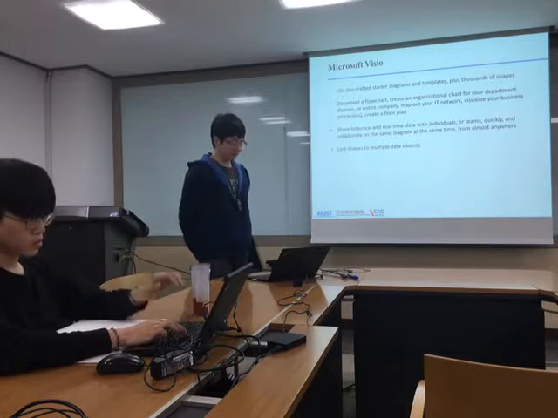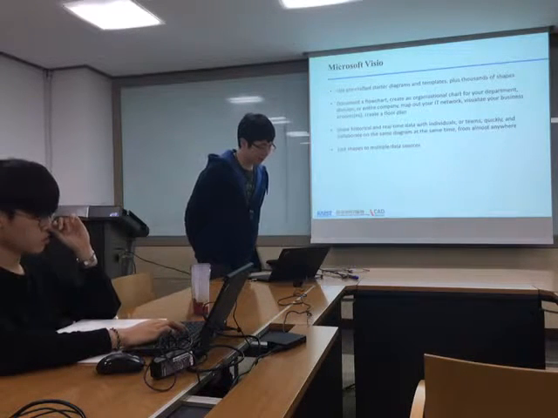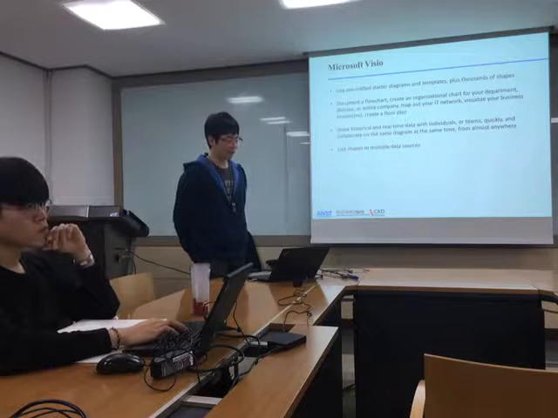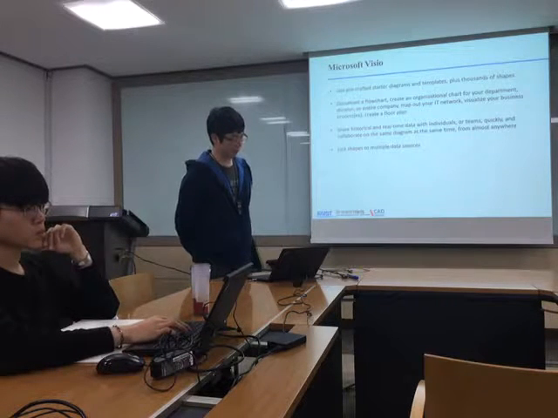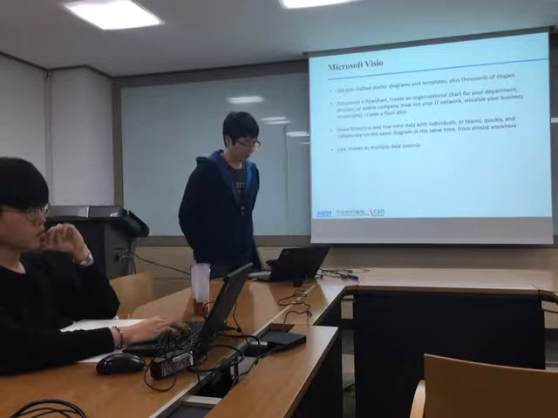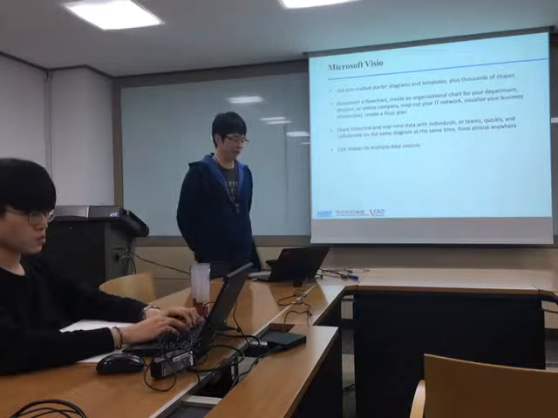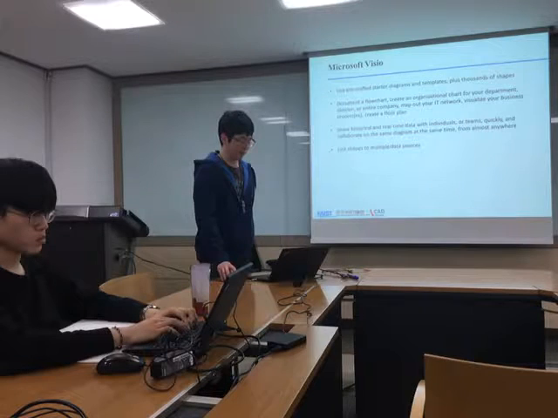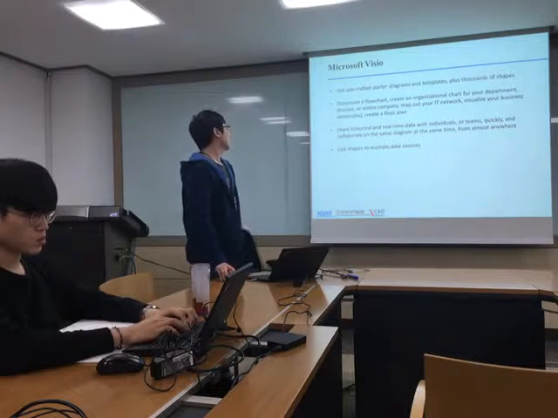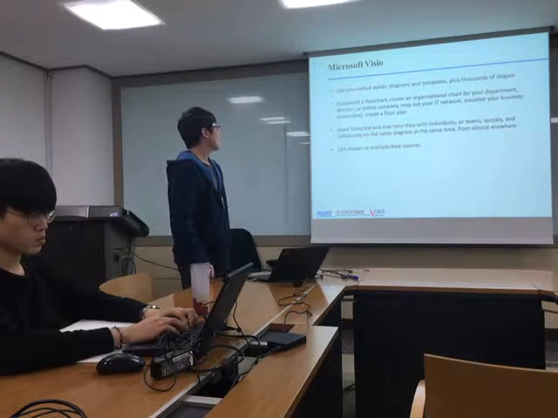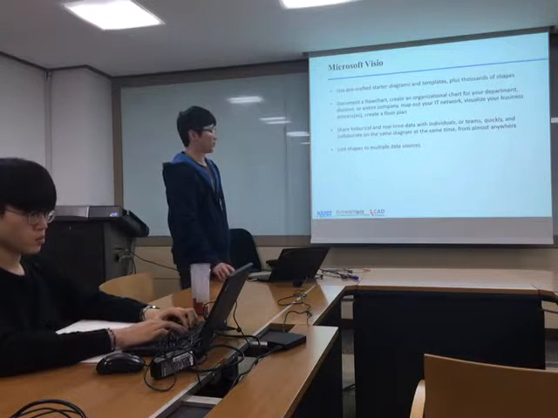And third is share historical and real-time data with individuals or teams quickly and collaborate on the same diagram at the same time. And the final feature is link shapes to multiple data sources.